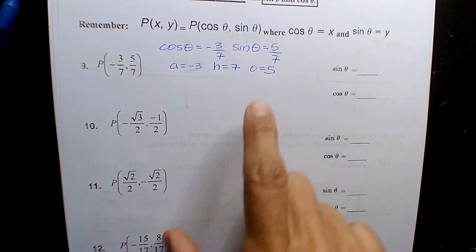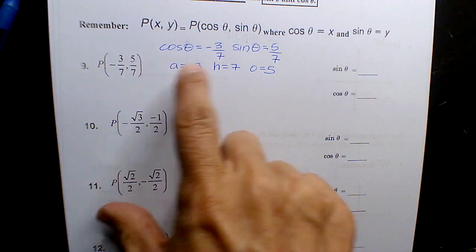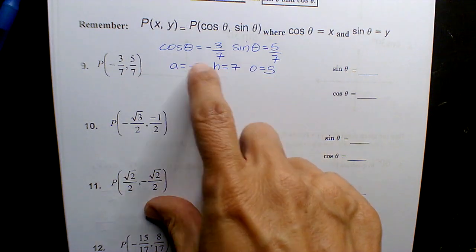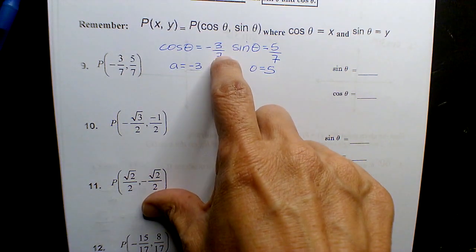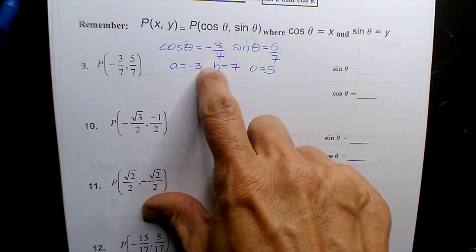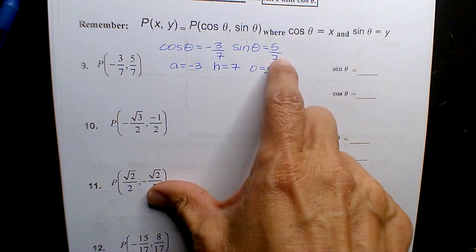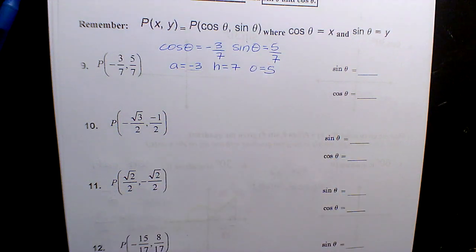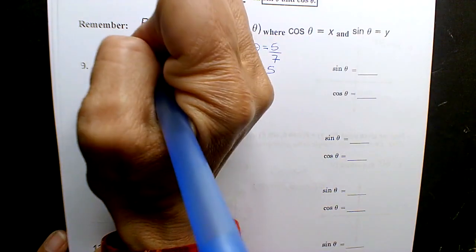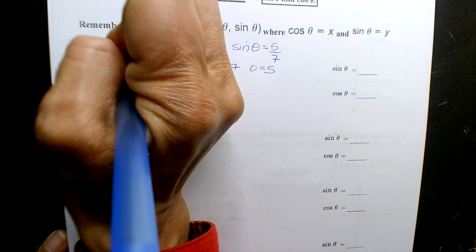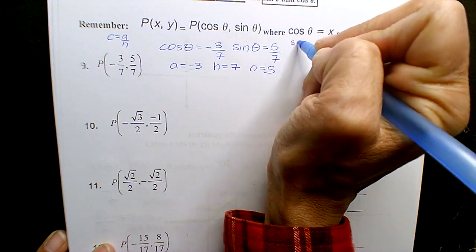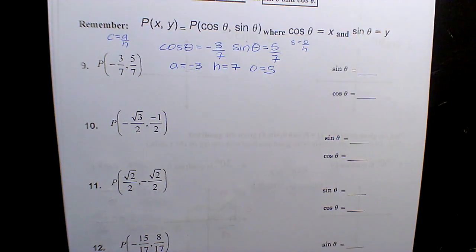So O is 5, H is 7. Cosine is A/H. So A is -3, H is 7, and so far that holds for both of them, right? Cosine is A/H. Sine is O/H, right? That's what that acronym SOHCAHTOA is.